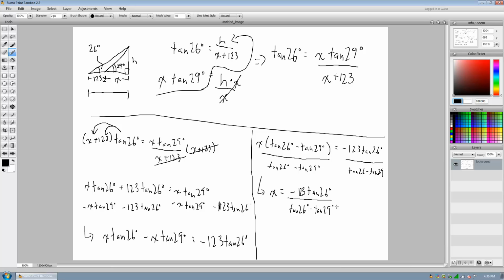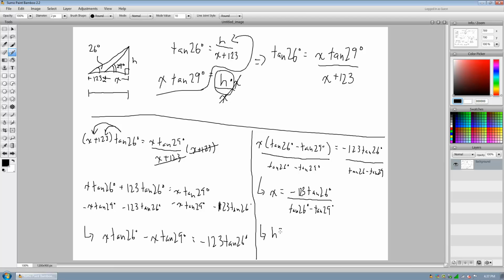And now I'm going to look back right away at my equation way over here, where h is equal to x times the tangent of 29. Well, this is x. Okay, so to find h, I have to multiply this by the tangent of 29, because this is x. To find h, I multiply x by the tangent of 29.